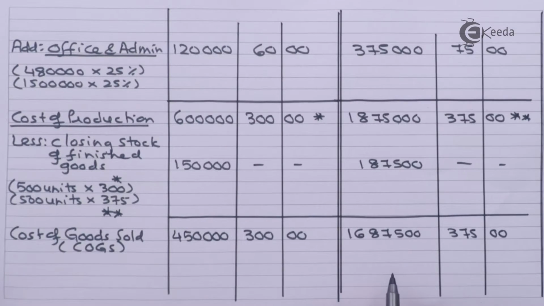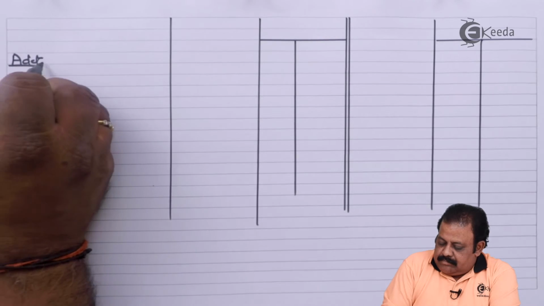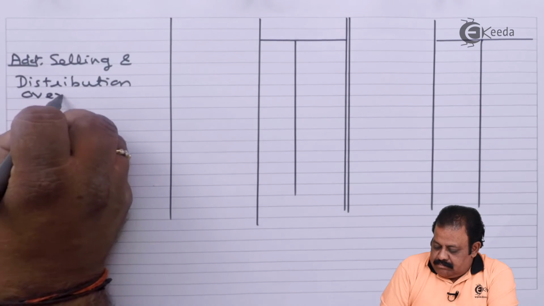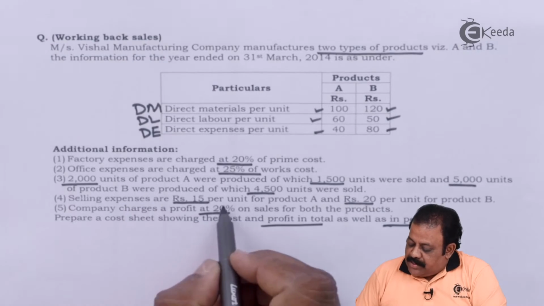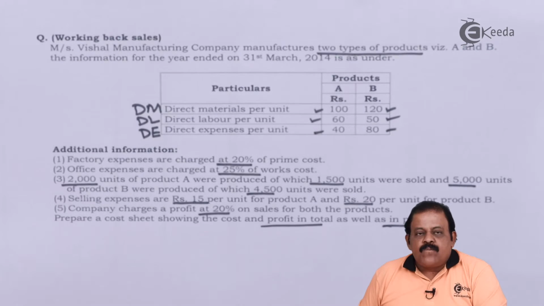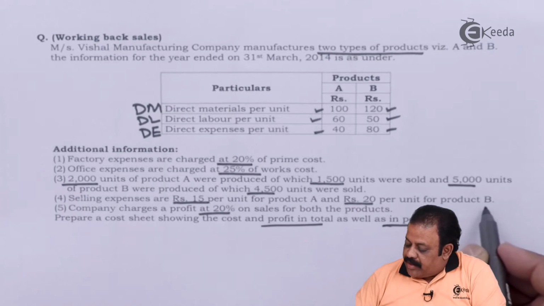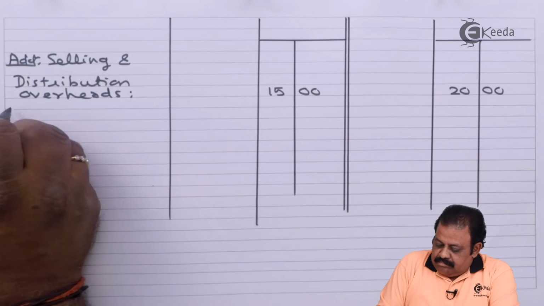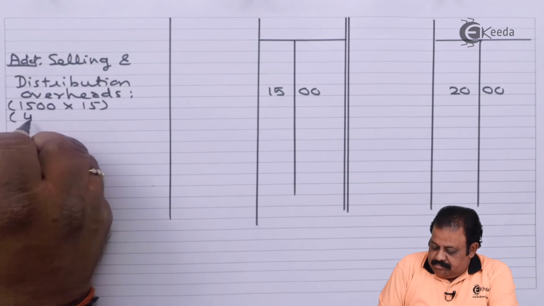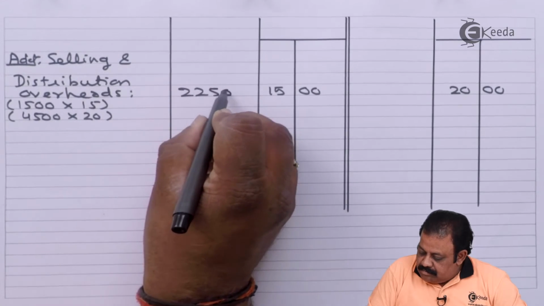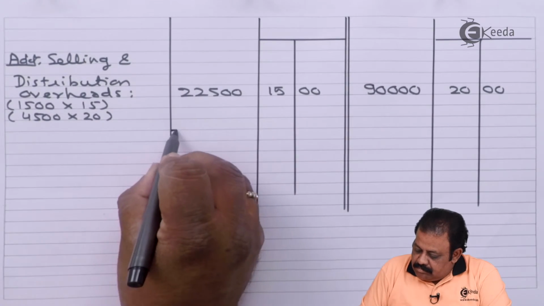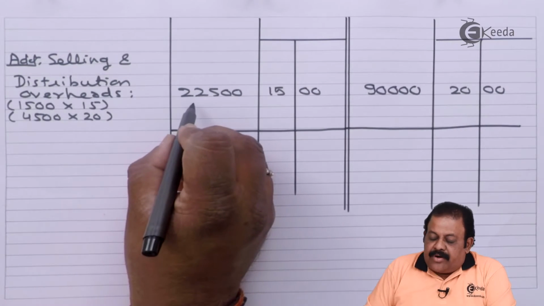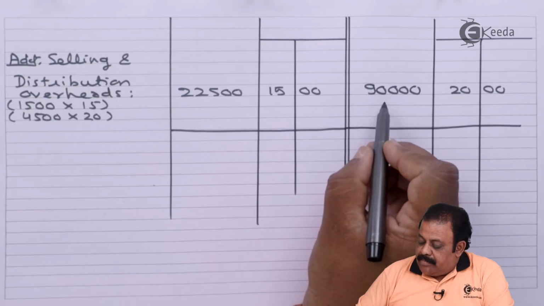To this we are required to add selling and distribution overheads. Selling expenses are rupees 15 per unit for product A and rupees 20 per unit for product B. Selling and distribution overheads total in case of product A 22,500, in case of product B 90,000.